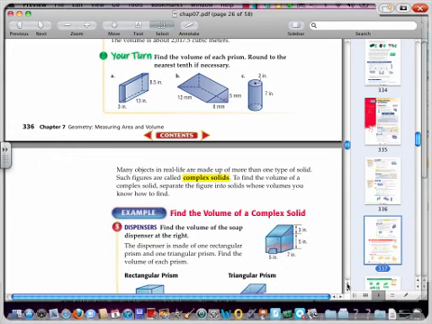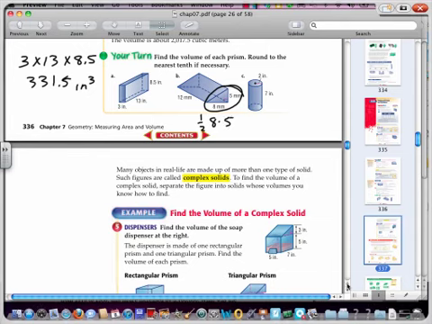All right, for A, rectangular ones, those are really, really simple. We can just take 3 times 13 times 8.5, and when we're all said and done, we should get 331.5 cubic inches. On the triangular ones, we're going to take the triangle part, and we're only going to take half of that, because triangles are 1/2 base times height. So we're going to take 1/2 times 8 times 5, which would be 20.